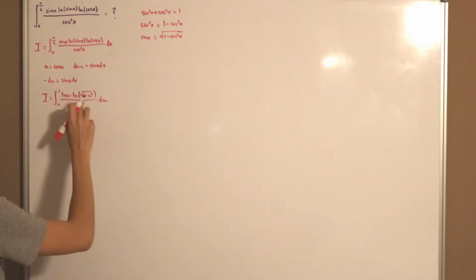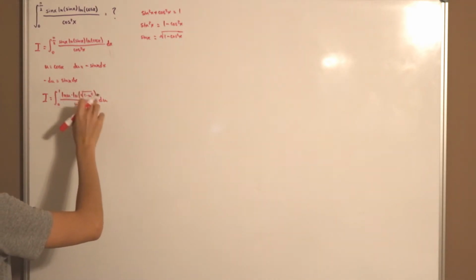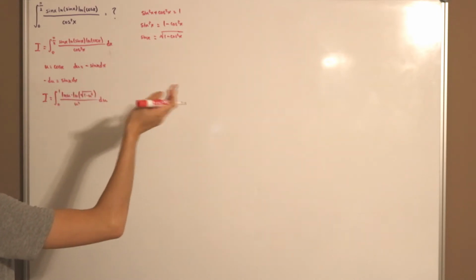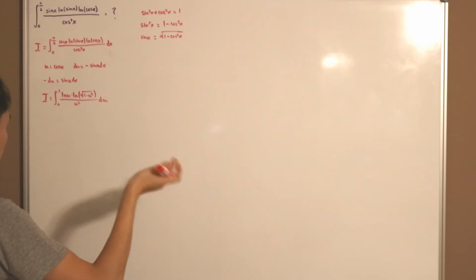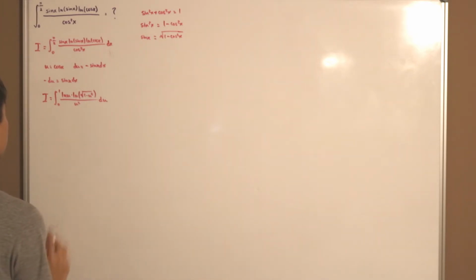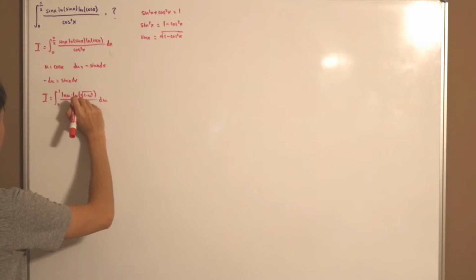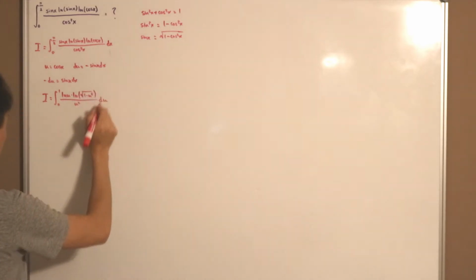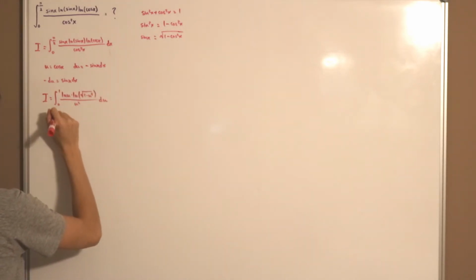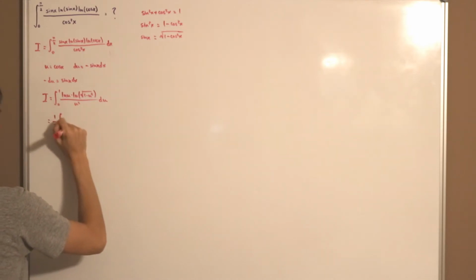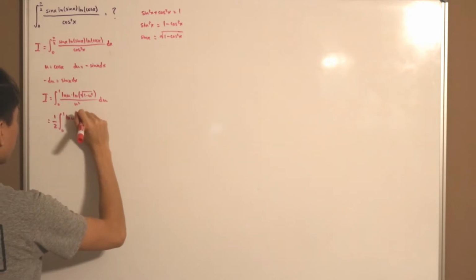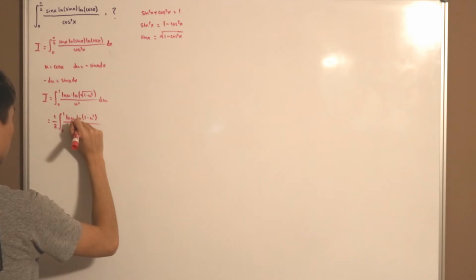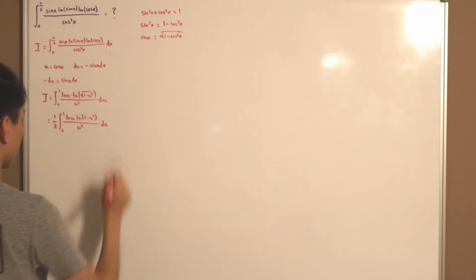And because we have a square root inside the natural log function, we can use our rules of natural logs to move the 1/2 in front of the natural log. Since 1/2 is a constant, we can move it outside of the integral. So it's just 1/2 times the integral from 0 to 1 of ln of u multiplied by ln of 1 minus u squared, all over u squared du.